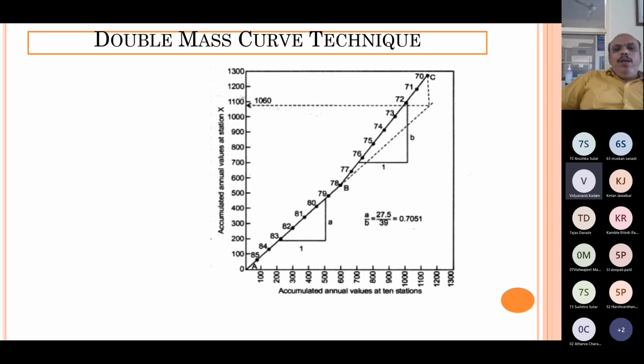We have to calculate the slope for line AB separately and line BC separately. So calculate the slope of the line AB and line BC. Suppose the slope of line AB is 1:A and the slope of line BC is 1:B. Then from these two slope values, we can find out the corrected values.